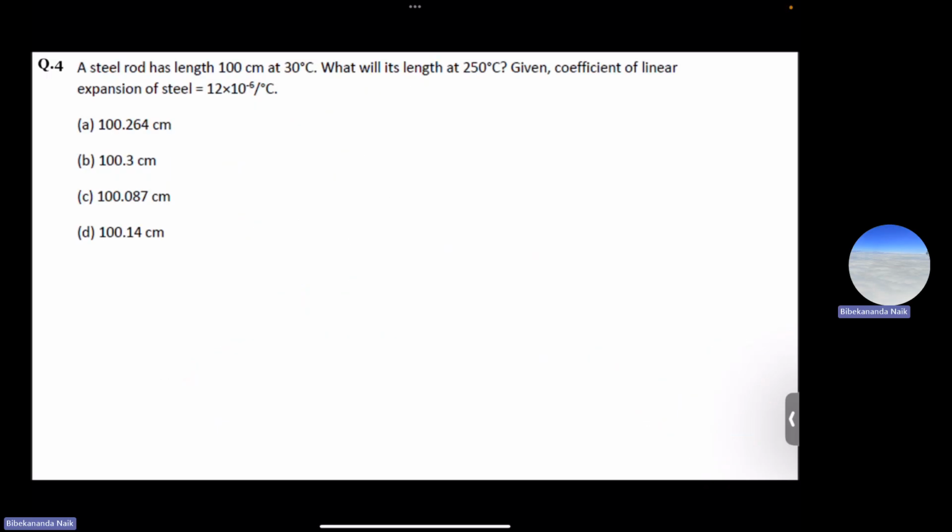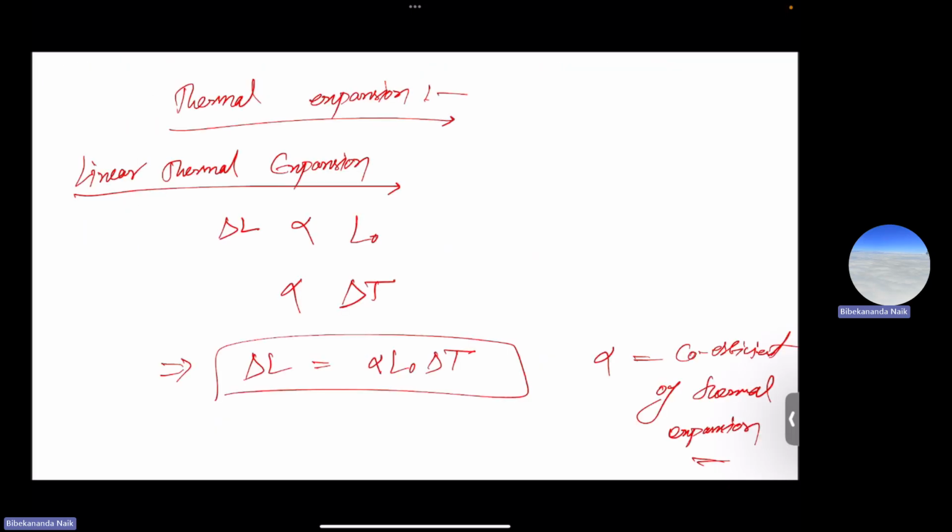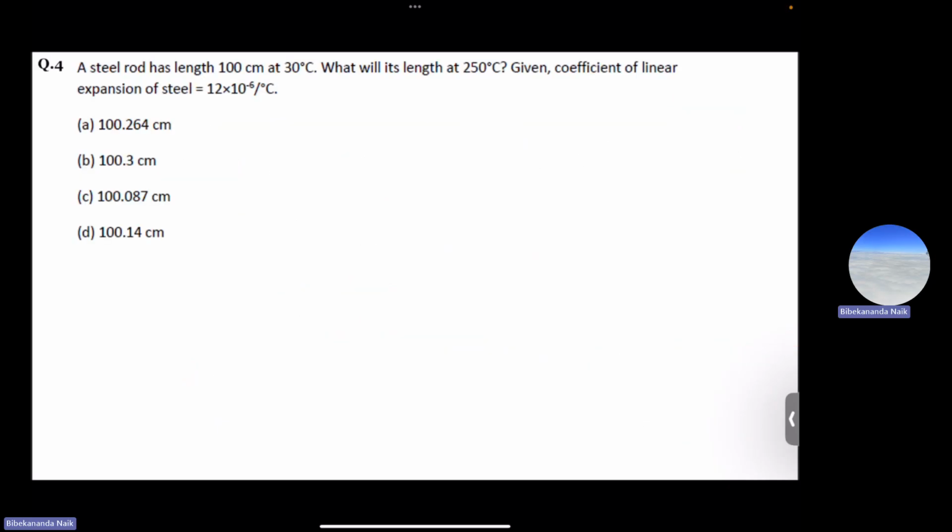Now the question says a steel rod has a length of 100 centimeter at 30 degrees Celsius. What is the unit of thermal expansion? It is Kelvin inverse. We'll discuss it more in this problem. So at 30 degrees Celsius, the length is 100 centimeter.